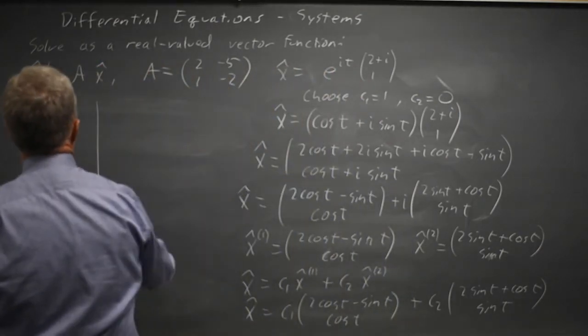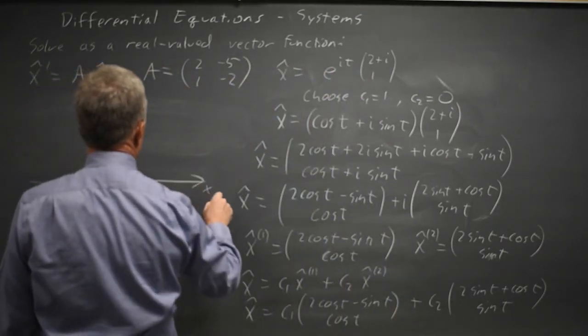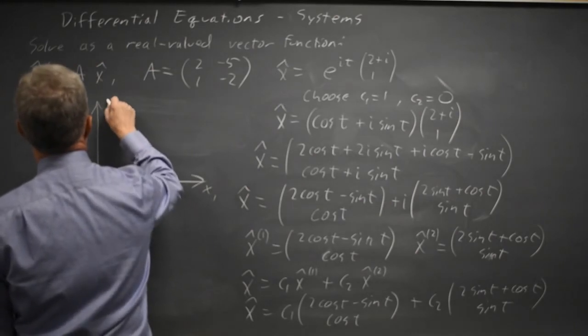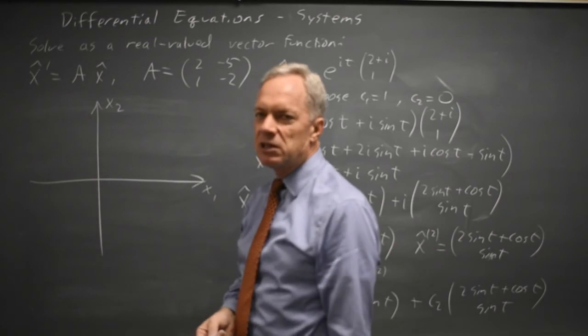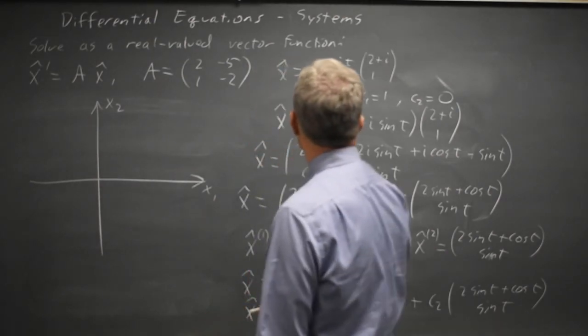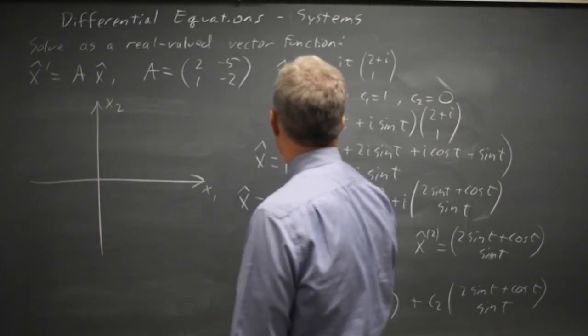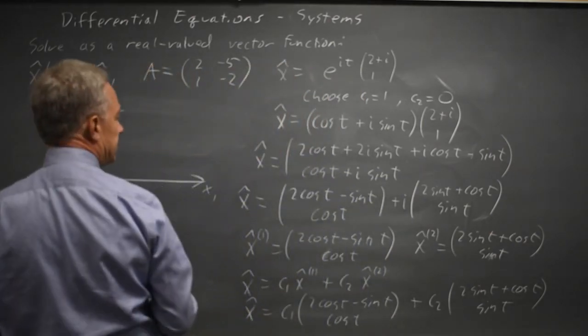In the x1, x2 plane, these do not spiral outward, they do not spiral inward, they stay the same distance from the origin, or in the same distance range.